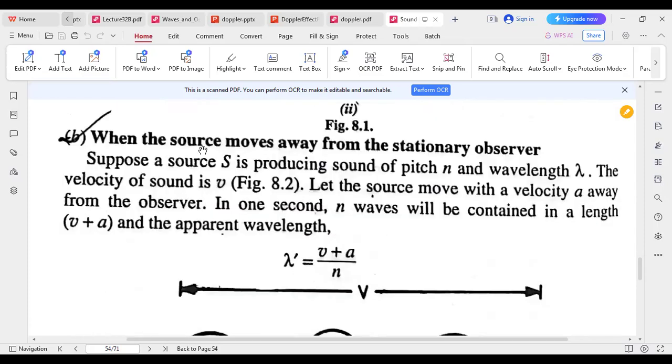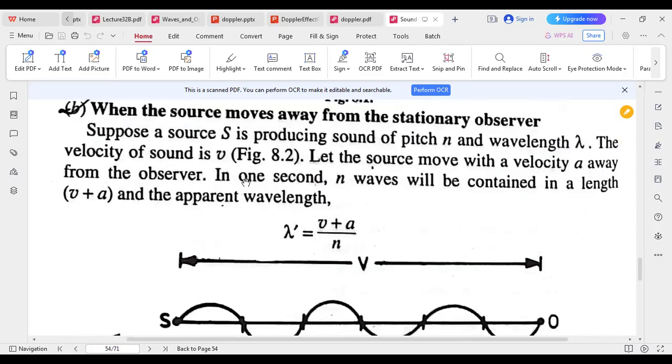Now when the source moves away from the stationary observer, suppose a source S is producing a sound of pitch n, that means frequency n and wavelength lambda, and the velocity of sound is b. Let the source move with a velocity a away from the observer.